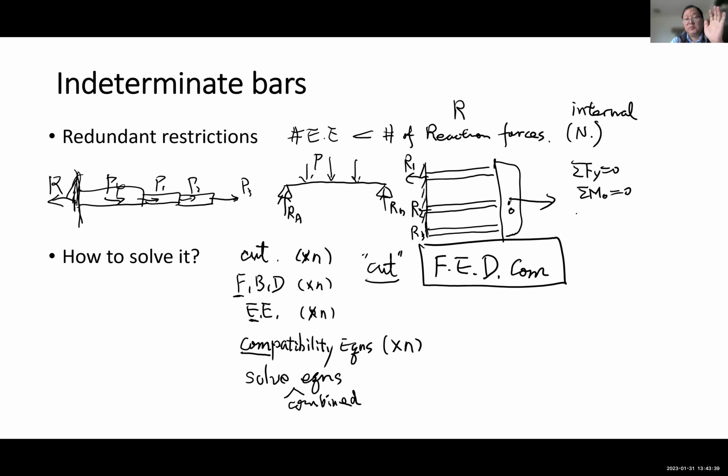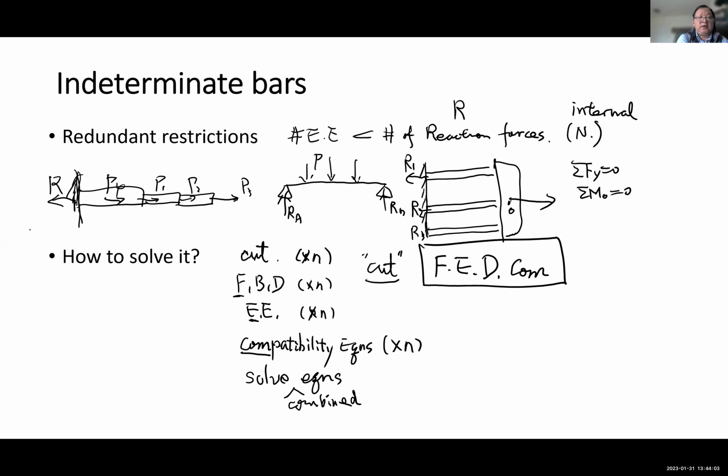So it's indeterminate. Right? So when you have that, basically you write the equation of equilibrium about the system, right? And then see how many unknown restrictions there are and how many equations you can write. In general, in 2D, you can write 2 equations.